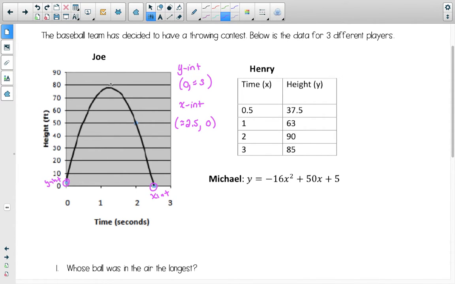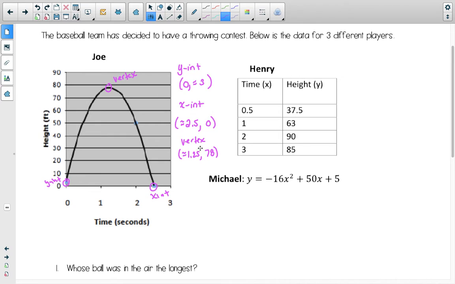We also need to find Joe's vertex, which would be about here. If we found the time, maybe at about 1 1/4, maybe a little less. I'm just estimating here, about 1 1/4, comma, maybe about 78.